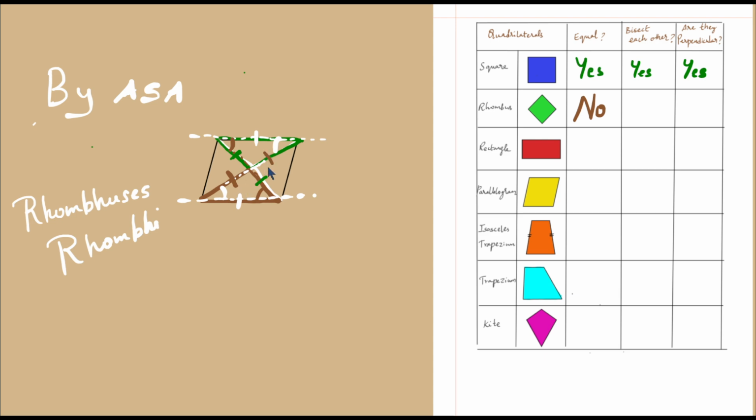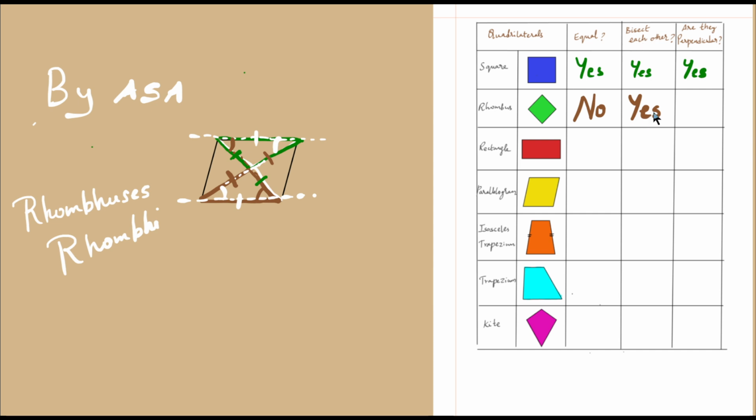So we can conclude that the diagonals bisect one another, or each diagonal cuts the other diagonal into two equal halves. So I am writing a yes for whether the diagonals bisect each other in a rhombus.